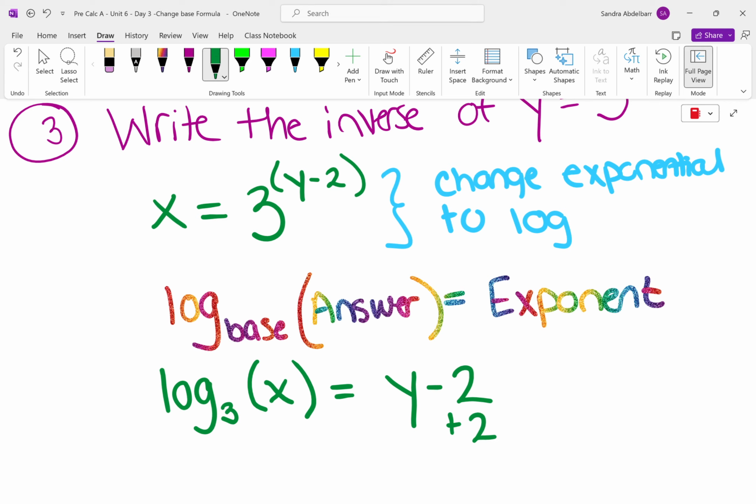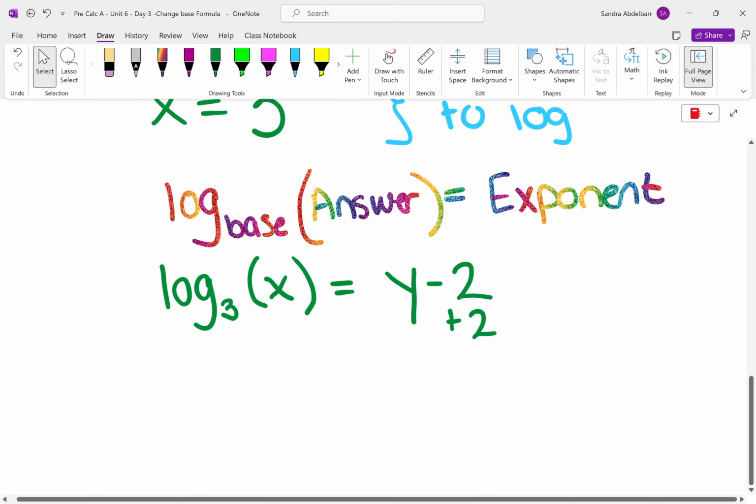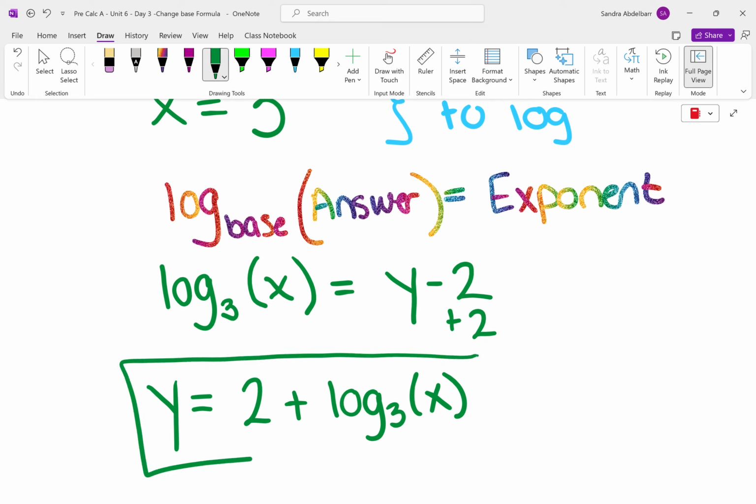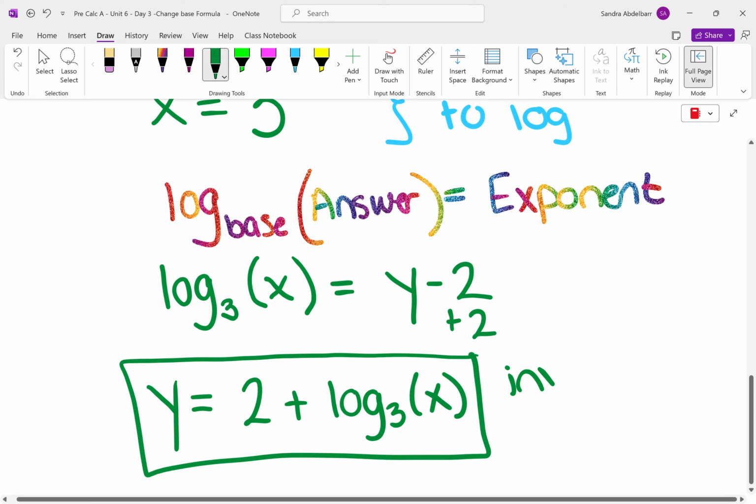I have to add it to the whole log expression. So just so you don't mess up on that, you're going to write y equals 2 plus log base 3 of x. That way you don't forget and put it in with the argument. Put it in the front of the log. And this is the inverse. That's it.